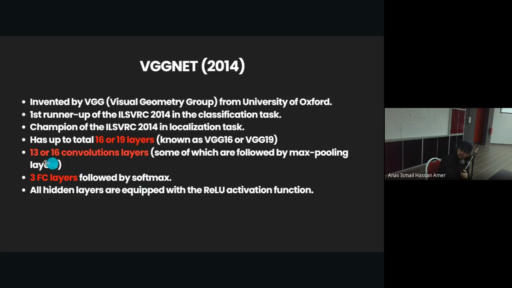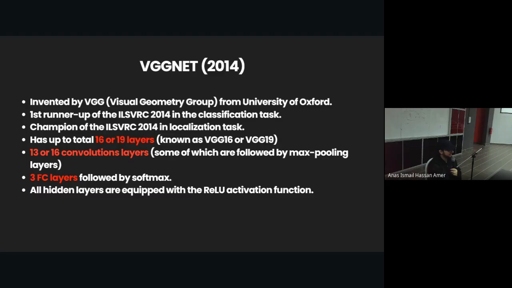And then 13 or 16 of them were convolutional layers, and then 3 fully connected layers, followed by softmax activation function. And then all the hidden layers had ReLU activation functions. So this is the VGGNet, already much bigger than the model that we have today.